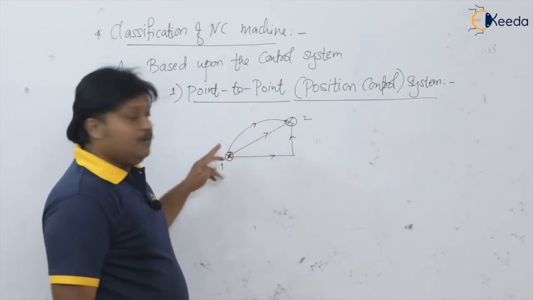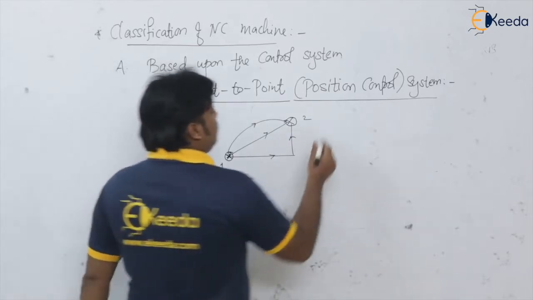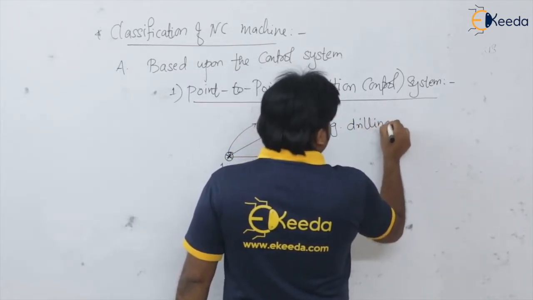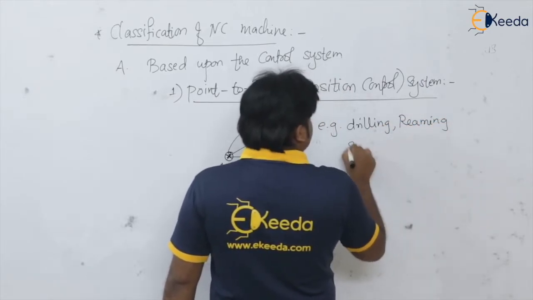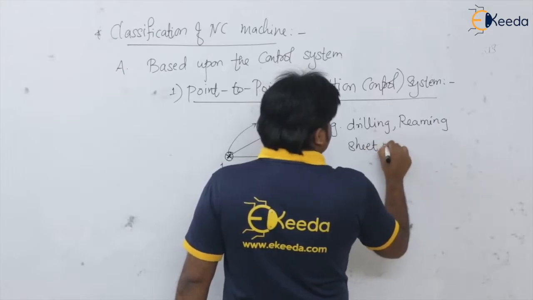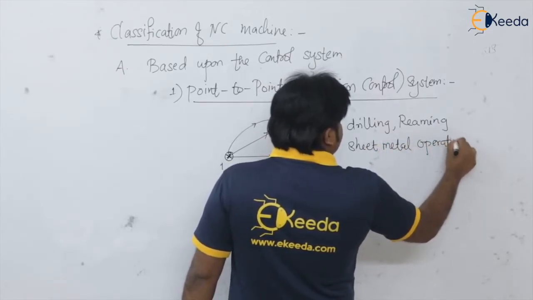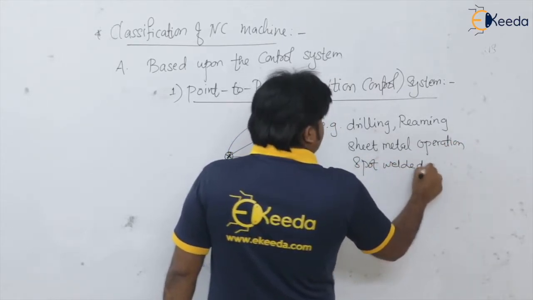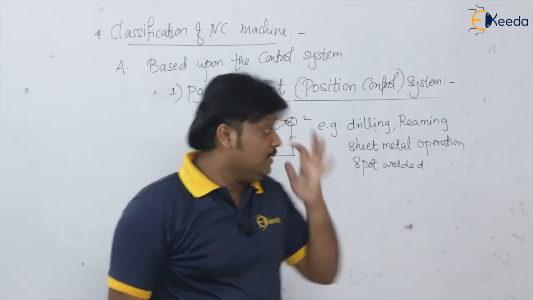The path is not important, end points are important. For example, we have drilling operation, reaming operation, sheet metal operations, punching, blanking, and spot welding, where the path followed by the tool is not important, but the end positions are important.